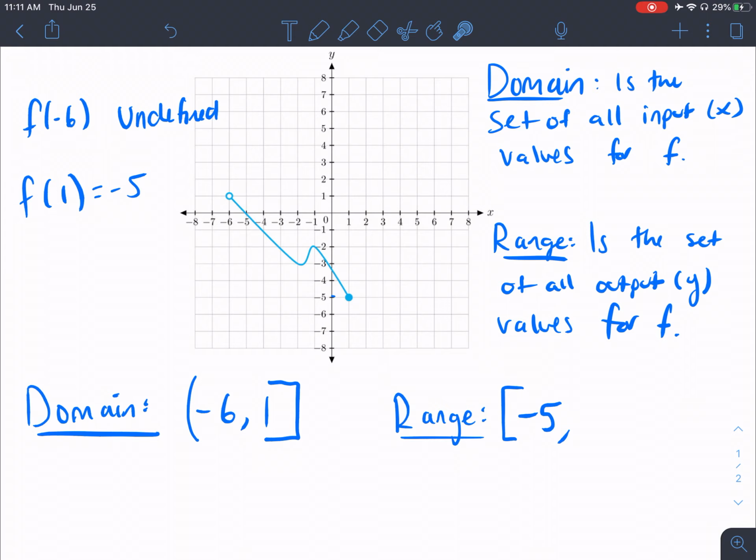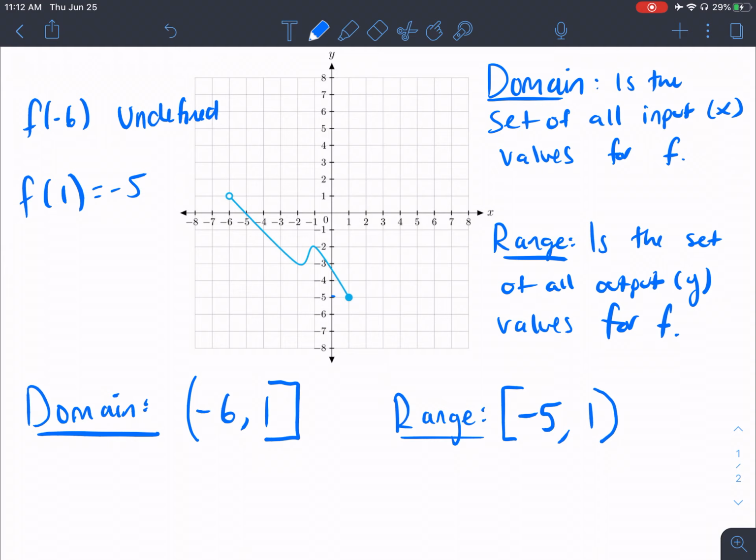Only y values up to 1, like 0.9, are on my graph, so 0.9 is an output value and therefore is in my range. But 1 itself does not correspond to a point on my graph, so it is not an output value of any input value. So my y values go up to 1, but because 1 is not included in my range, I use a parenthesis to exclude it.